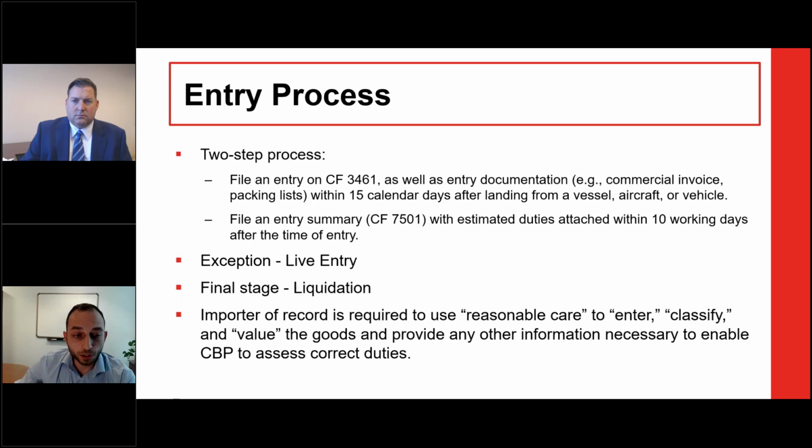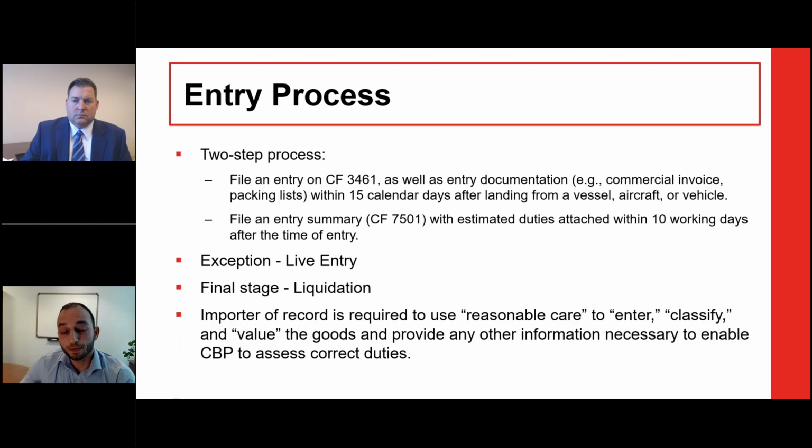And then there's an exception to that, and that's called the live entry. Live entry essentially means that the importer submits an entry summary with estimated duties prior to the release of the merchandise. So instead of going through this two-step process, by submitting just the entry summary, the importer could potentially satisfy its obligations under the regulations.